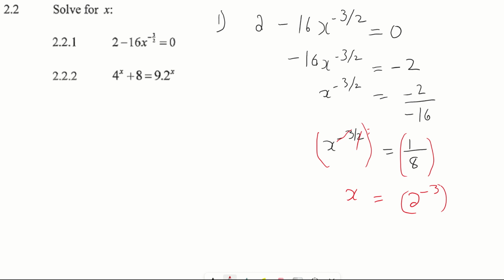The reciprocal of negative 3 over 2 would be minus 2 over 3. So this will cancel out, and I've got 2 to the power 2, which is equal to 4. So my x is equal to 4.